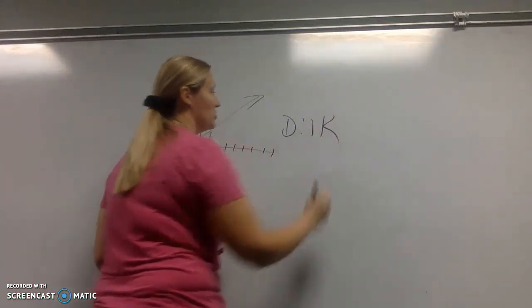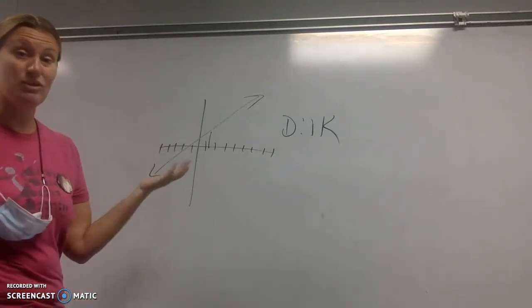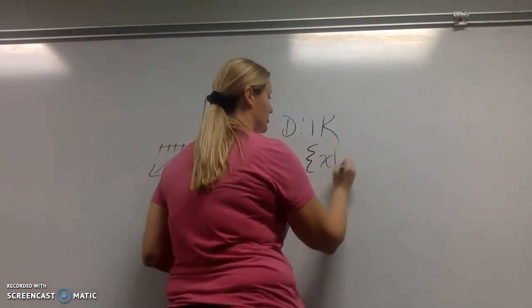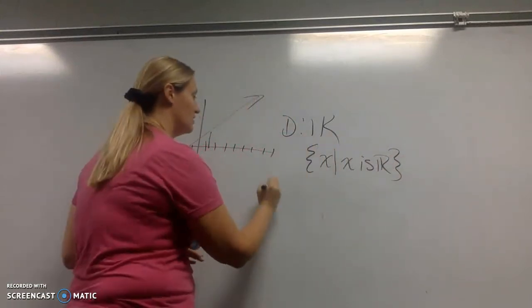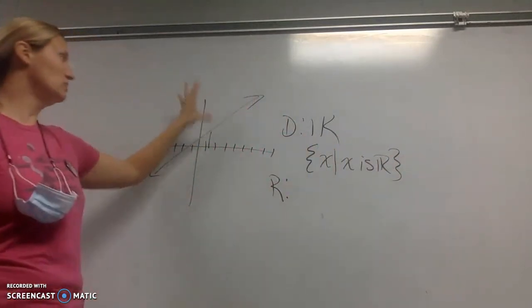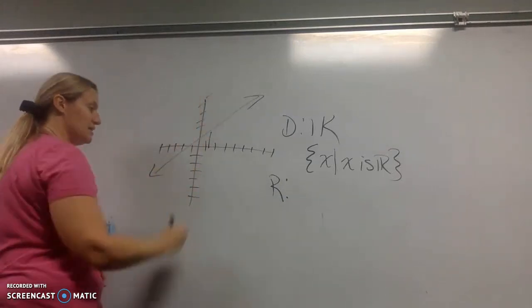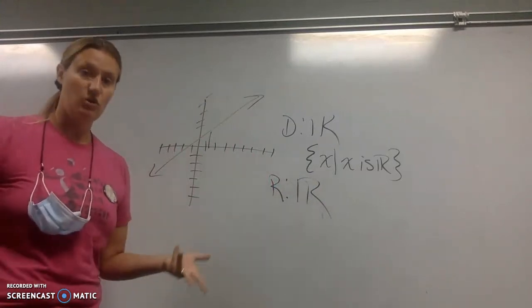So our domain is all reals, and that's the symbol for all reals. That's all you have to say. It's all real numbers. Okay? You could, if you wanted to, write x such that x is all reals, but I would accept that. Same thing with range. There's no limit on what y can be. y can be negative, y can be positive, it can be fractions, it can be decimals. So that is going to be all reals as well.